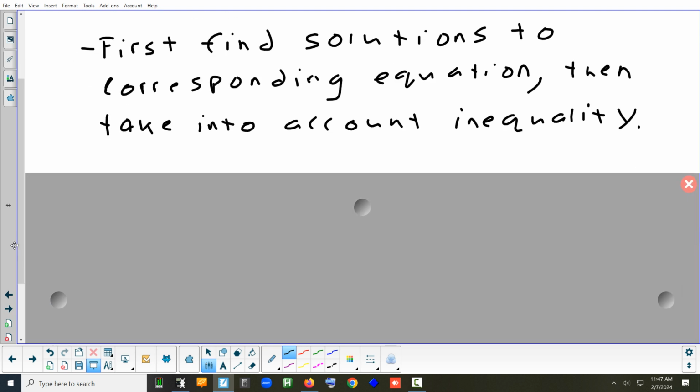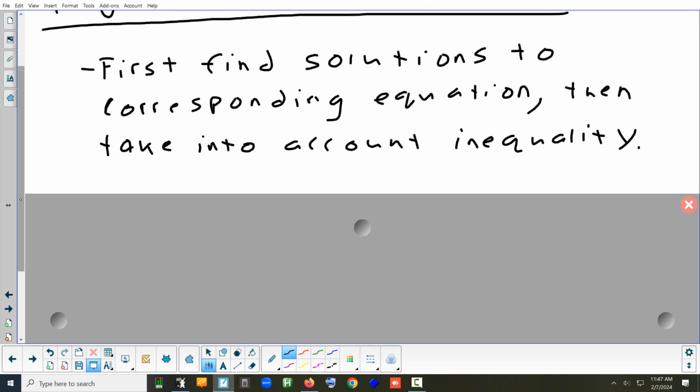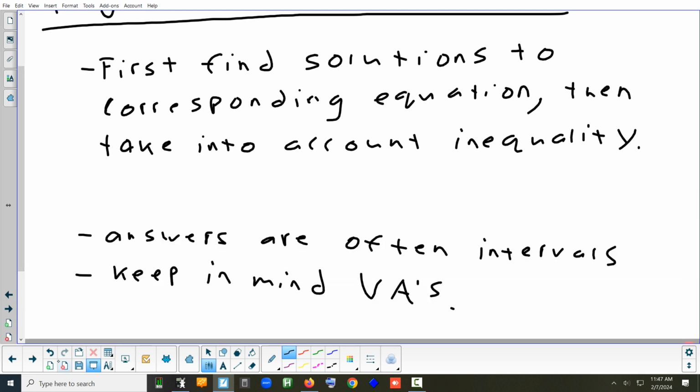To solve an inequality, first solve it like you're doing an equation. You're going to find all the zeros. Then a lot of times it's either going to be between the two numbers that you find as an interval, or from one of those numbers to infinity, if it's an open interval that goes on forever, or negative infinity to one of those numbers.